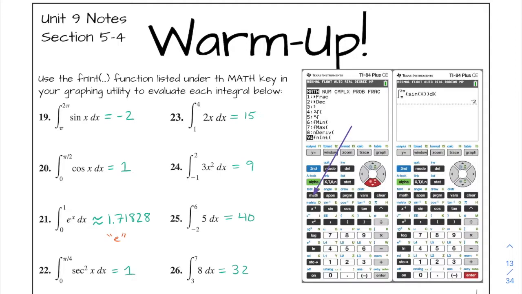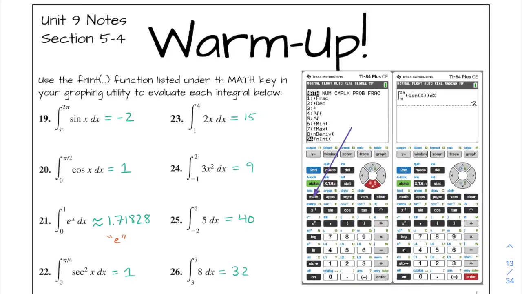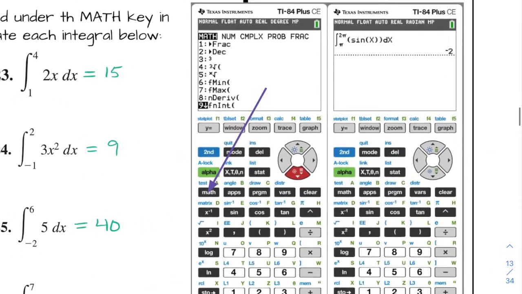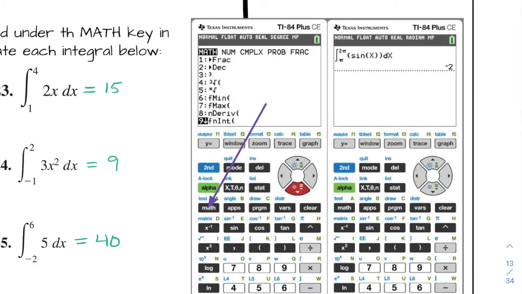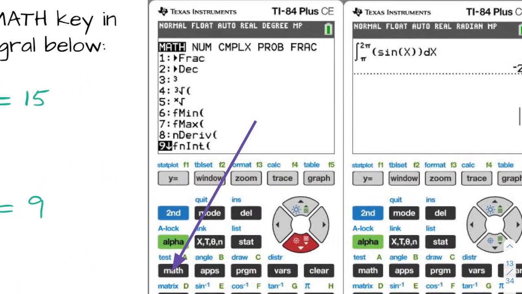Now, you'll notice that in class we would have used the TI-84 graphing utility calculator, so I'm still going to show you how to do that. Under Math, F9, so if you click the Math key and go down to 9, FNINT, it stands for function integration or integral.